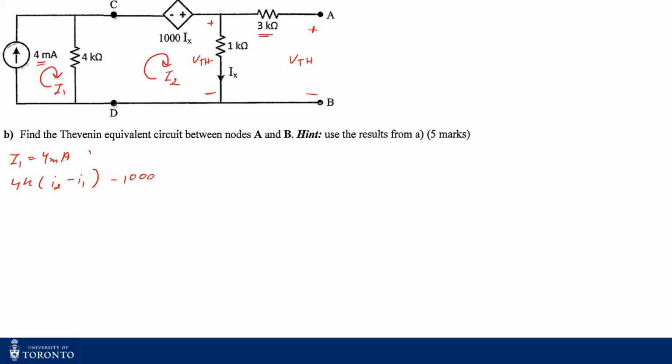So I can call Ix equal to I2. So it's minus 1000 I2 plus I2 times 1K2 equal to 0.